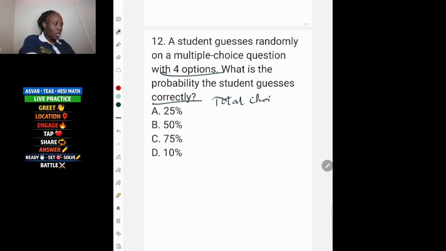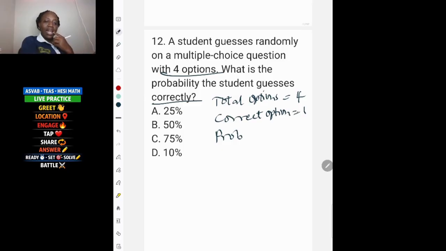So total options that we have there will be 4. Then the correct option will be only 1. So the probability of having a correct answer will be what?